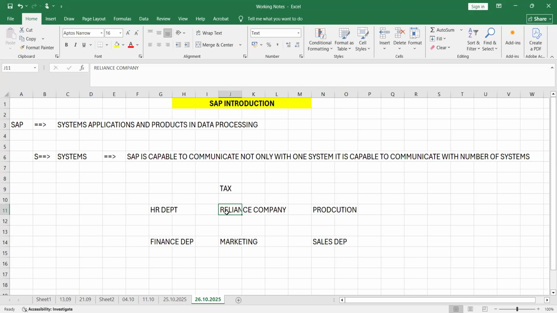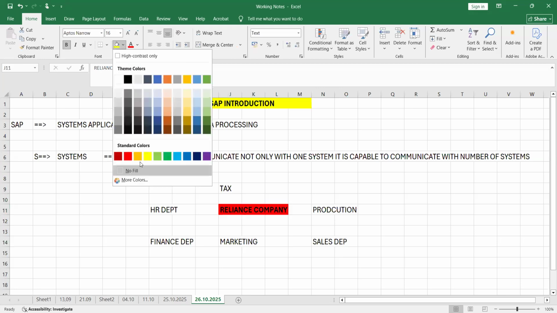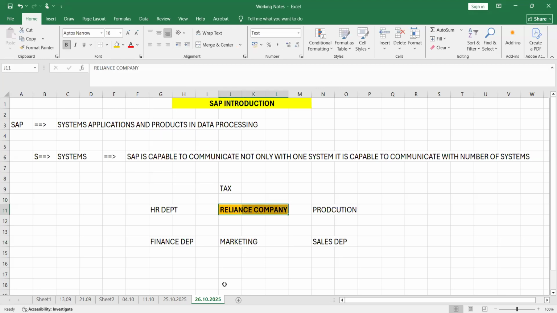This is my organization. We have different departments, and here we are using different softwares. I do not have one software; in my different departments, we are using different softwares.